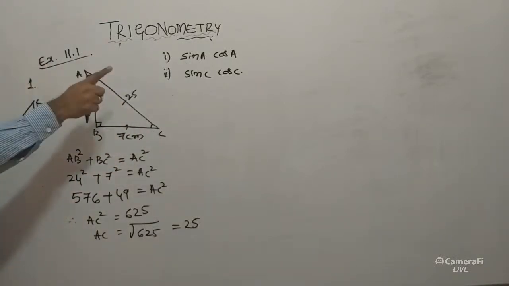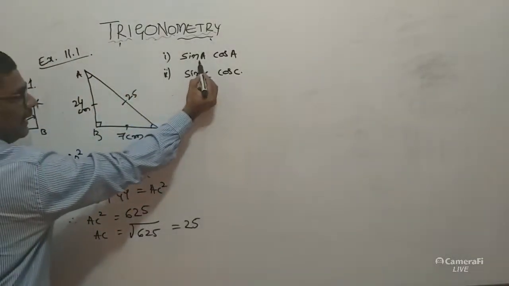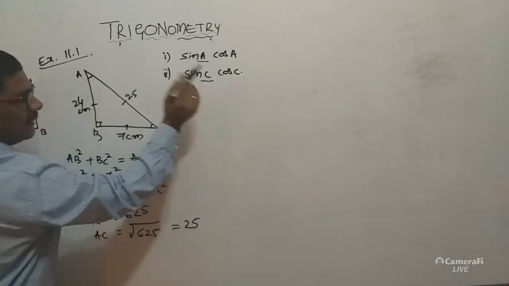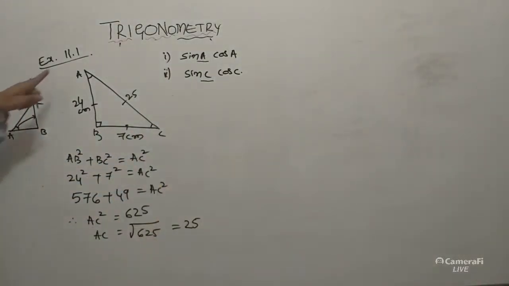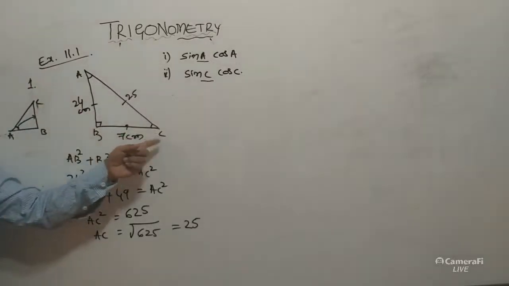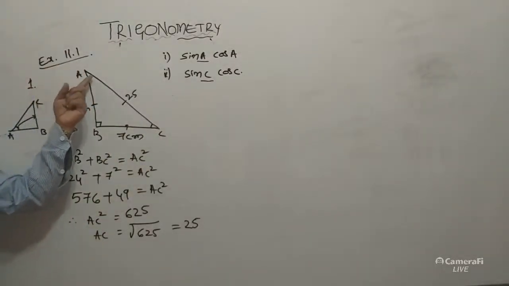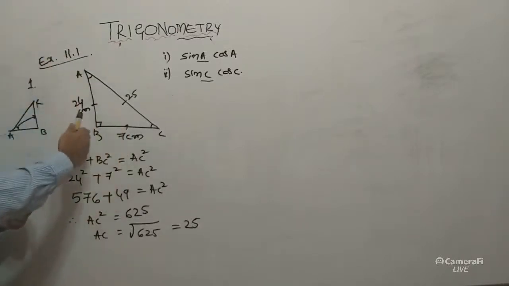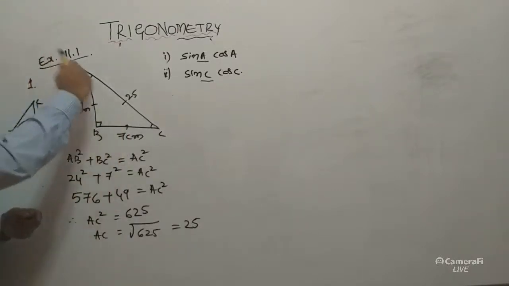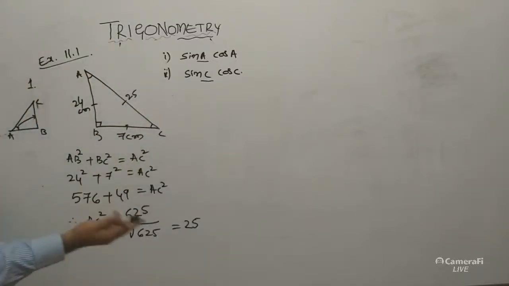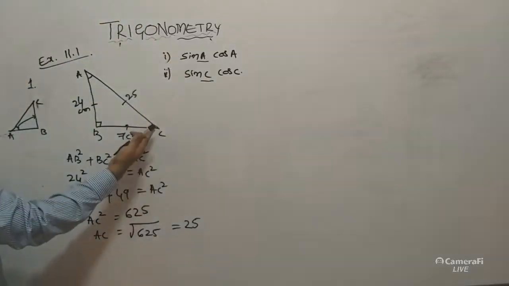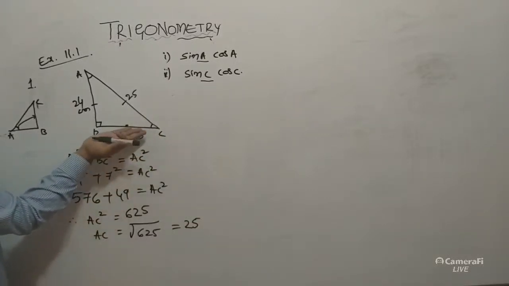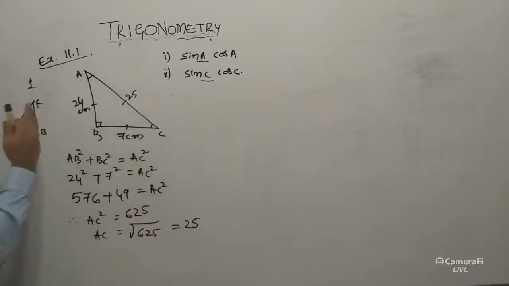Try to understand the first and second questions. This is angle A and this is angle C. When you are considering angle A as the base angle, definitely this must be the opposite side, and the hypotenuse remains the same. When you are considering the second question, angle C is the base angle, and its opposite side is AB.